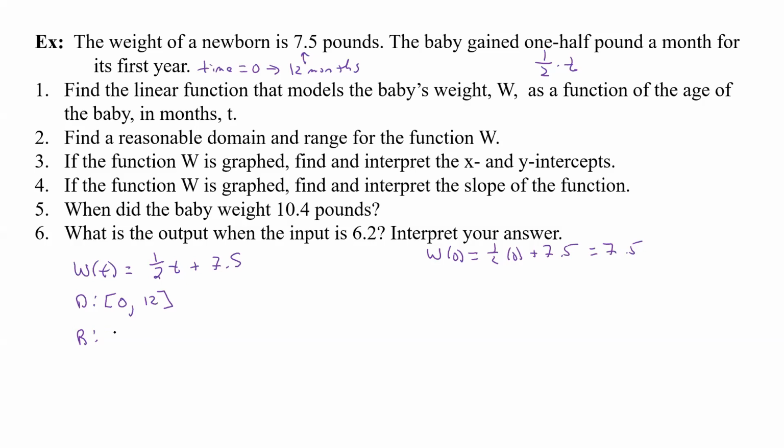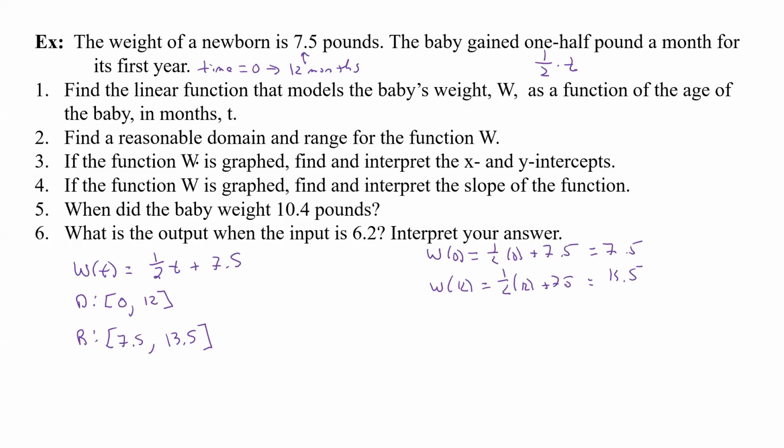So our lower point on the range is 7.5. And then we have w of 12. Well, that's 1/2 times 12 plus 7.5. Half of 12 is 6, plus 7.5 is equal to 13.5. So our upper limit is 13.5. And so that would be a reasonable domain and range, okay?